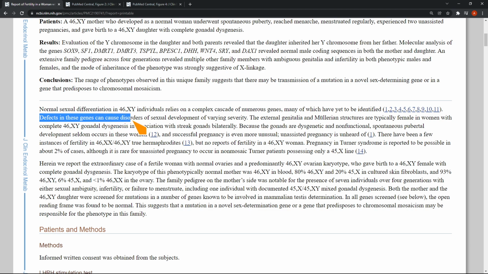Defects in these genes can cause disorders of sexual development of varying severity. Of course, we all know that there are defects in genetics that produce a faulty phenotype. What immediately comes to mind is sickle cell anemia. This is a single point mutation in a gene that codes for the shape of hemoglobin.